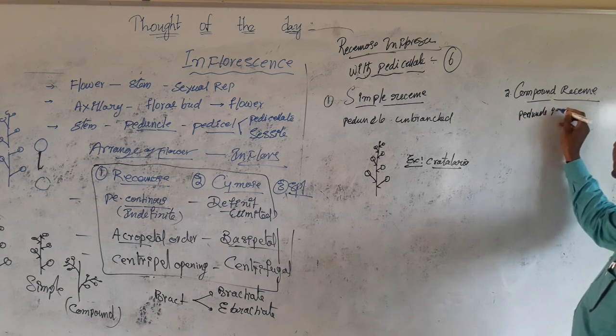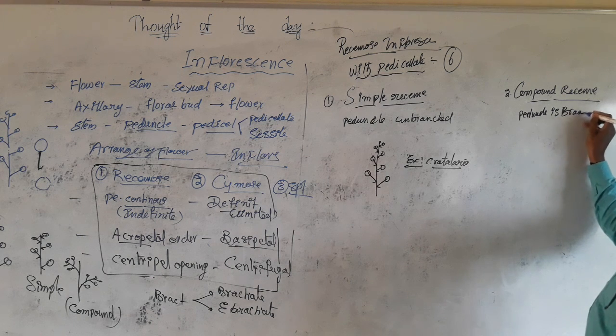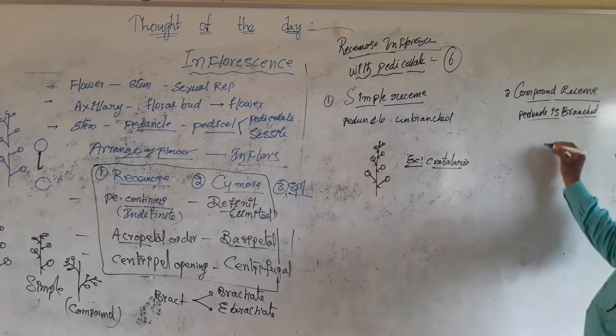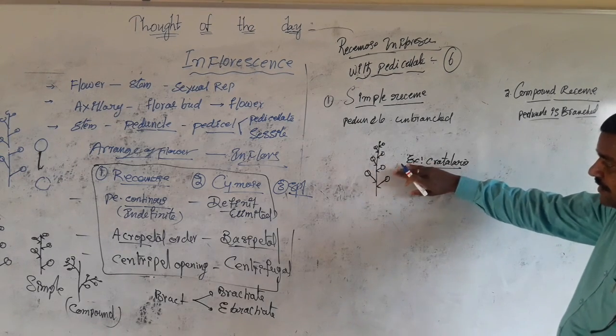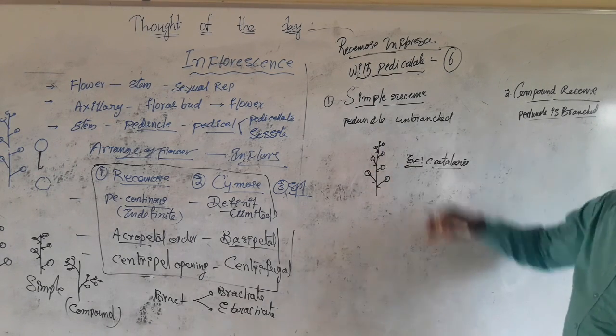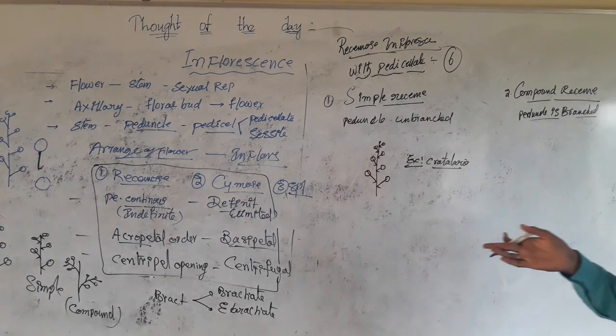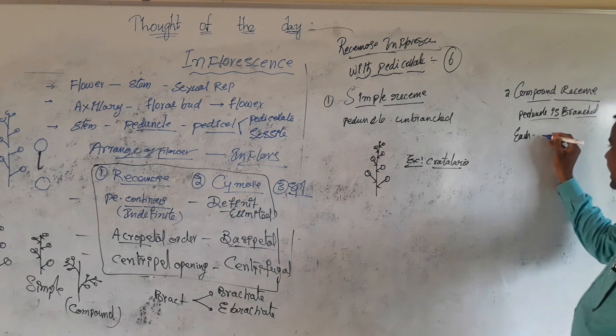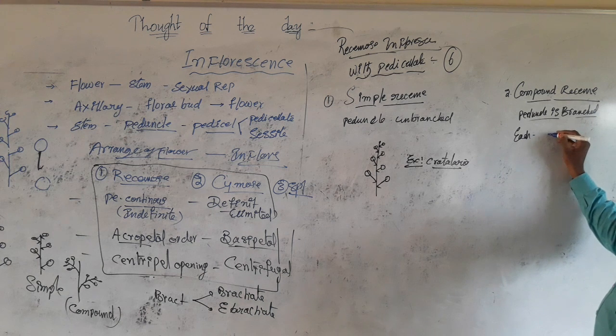The peduncle is branched. And it produces a number of pedicellate and bracteate flowers in acropetal order. This is common. Okay, and each branch is similar to the simple raceme.